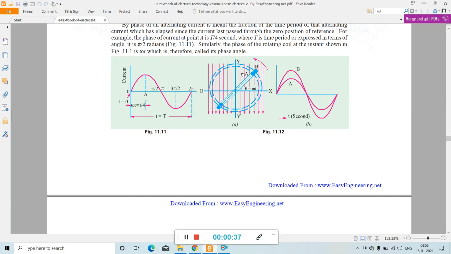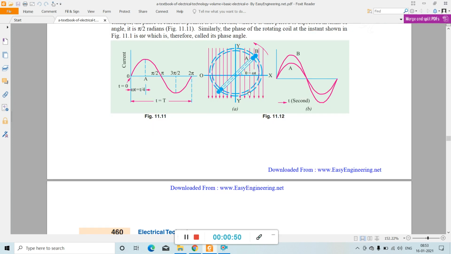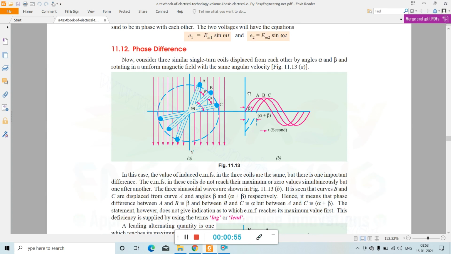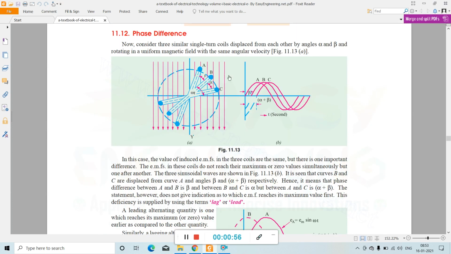See, in this case, phase means the EMF developed by this coil A having phase omega t or theta angle. Okay, so what phase is you already know. So today we will discuss phase difference.